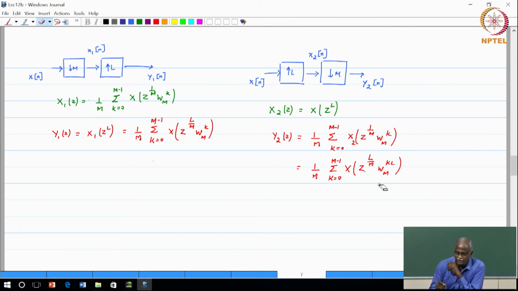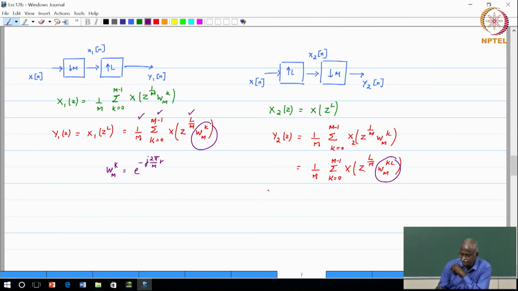So, let us do a comparison. 1 over M is present on both sides, summation is present, z power L over M is present. The only thing that is different is the shifts. So, what are these shifts? W_M^k basically corresponds to e power minus j 2 pi over M times k, k equal to 0, 1 all the way to M minus 1.